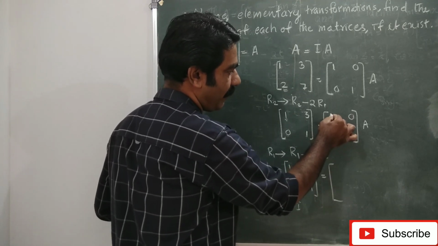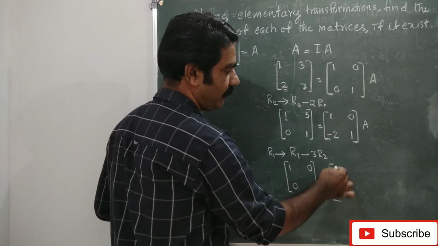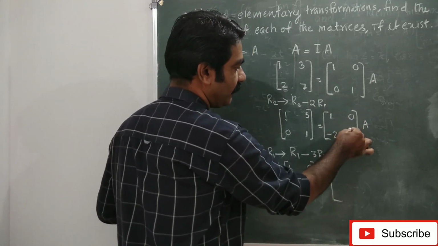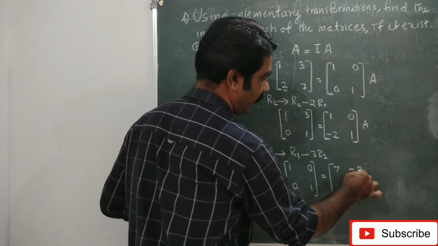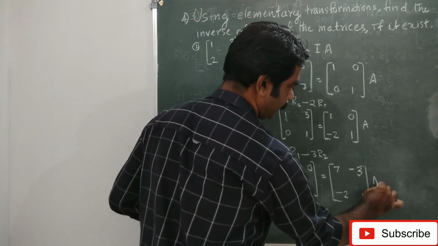So 1 minus 3 into 0 is 1, and 3 minus 1 into 3 becomes 0. The same operation applies on the right side: 1 minus 3 into minus 2 is 1 minus 6, which is 7. 0 minus 3 into 1 is minus 3. Here minus 2, here 1, and A.